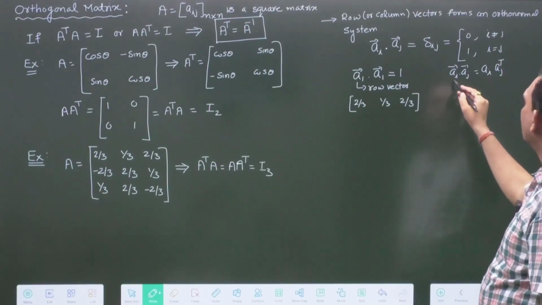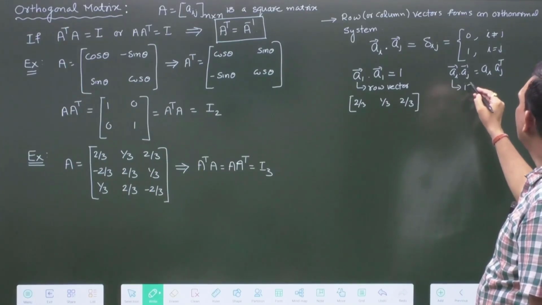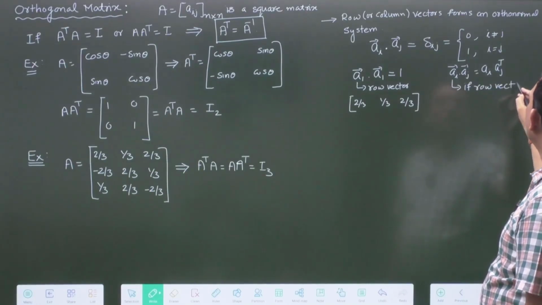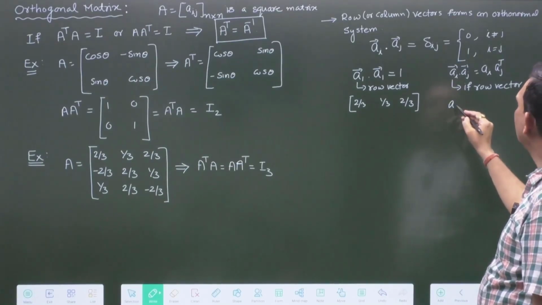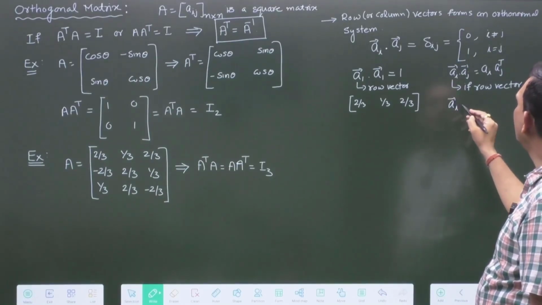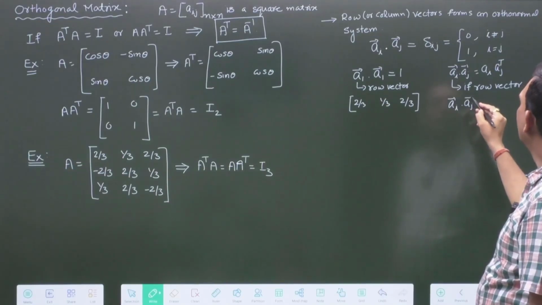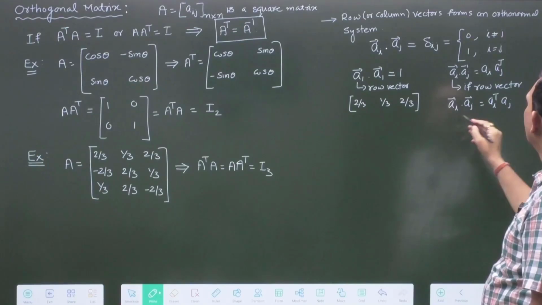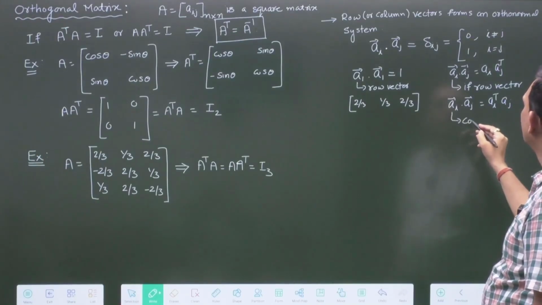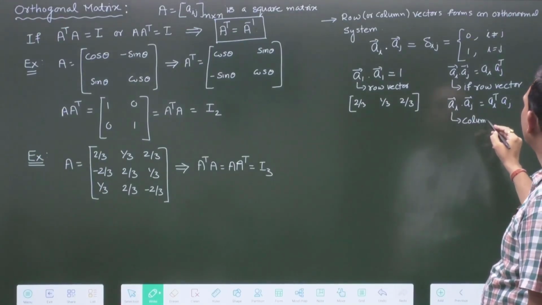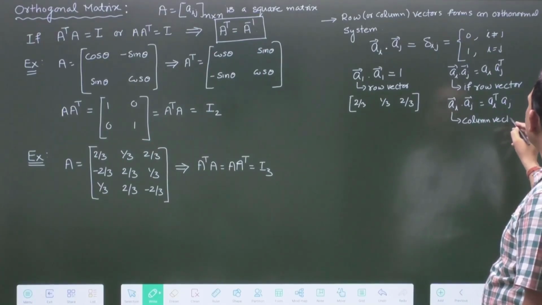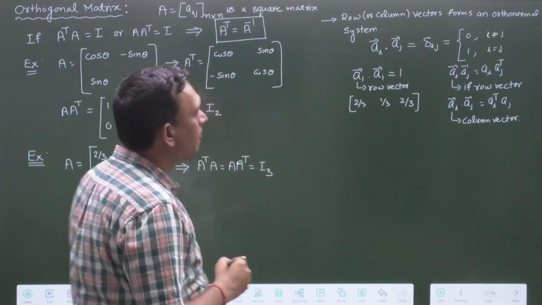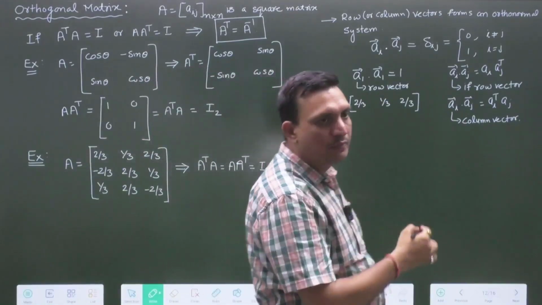And the same thing can be defined: Ai dot Aj is given by Ai transpose Aj if Ai is a column vector. That is how the inner product is defined, row by column.